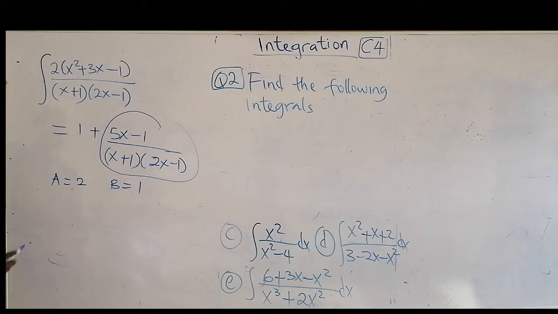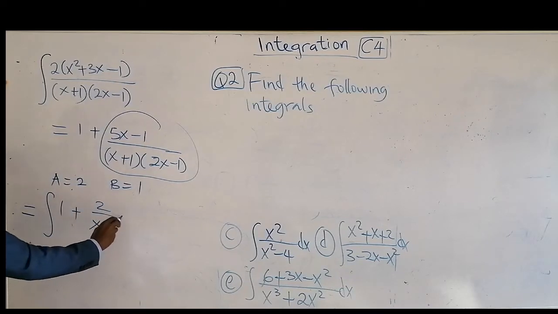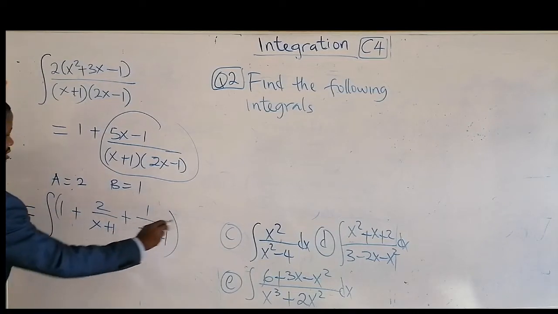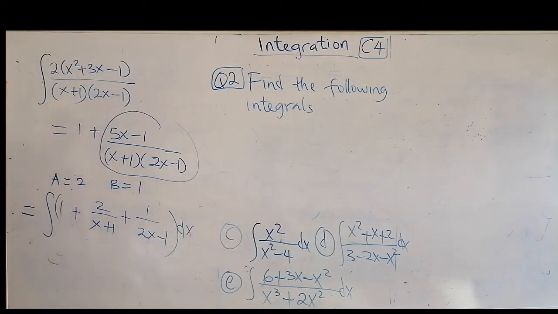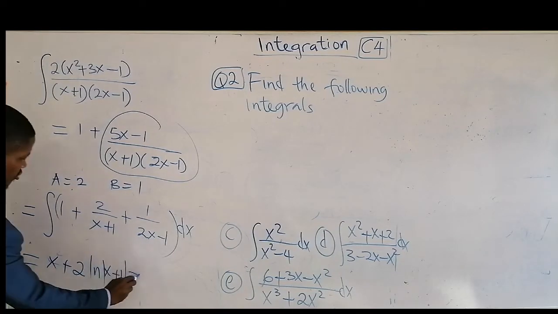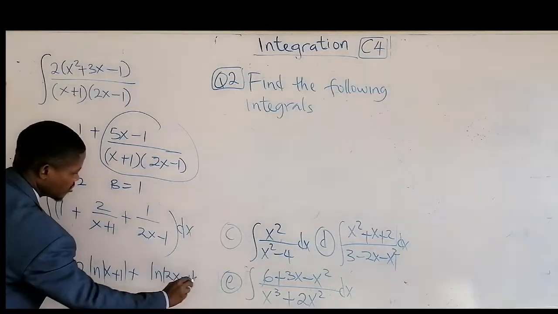Okay, so in that case it's going to be the integral of 1 plus 2 over x plus 1, then plus 1 over 2x minus 1 dx. Okay, so the final answer will be x plus 2 ln x plus 1, and then plus ln 2x minus 1 plus c.